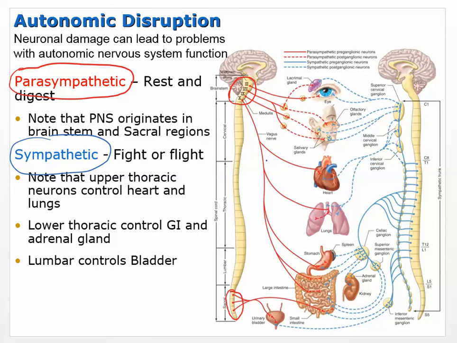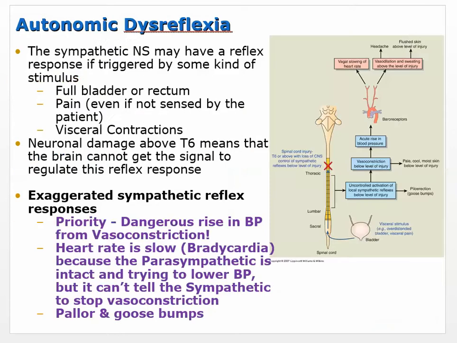Now, what I was kind of getting at earlier is that there's this thing called autonomic dysreflexia. And what occurs with autonomic dysreflexia is if we look at the thoracic area of the spinal cord, that's going to innervate, so first of all, this is going to be controlled by the sympathetic nervous system.